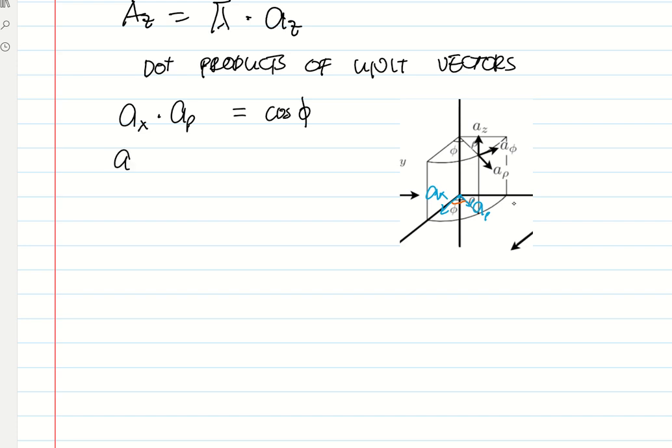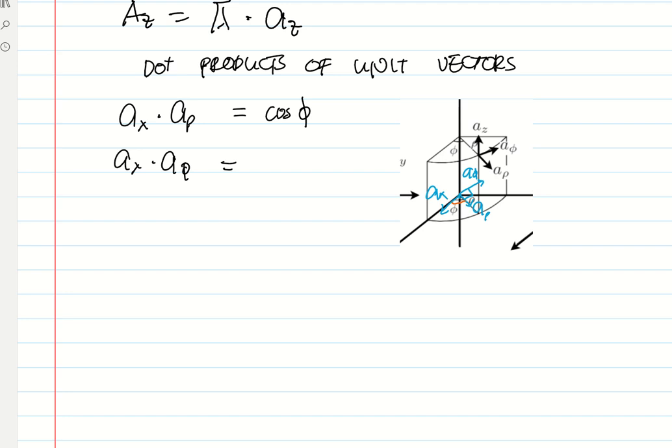Next, a x dot a phi. Where is our a phi? This is our a phi here, so we can also write our a phi somewhere here. What will be the angle between a x and a phi? Take note that a phi and a rho are perpendicular with each other, just like a x, a y, and a z.